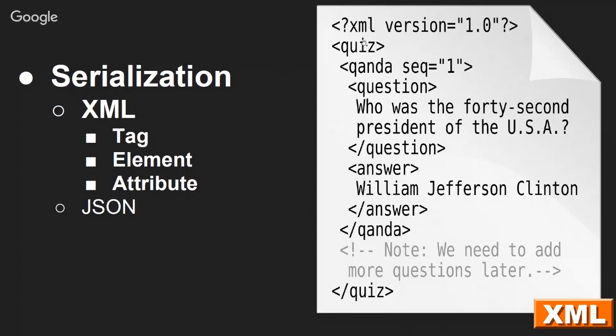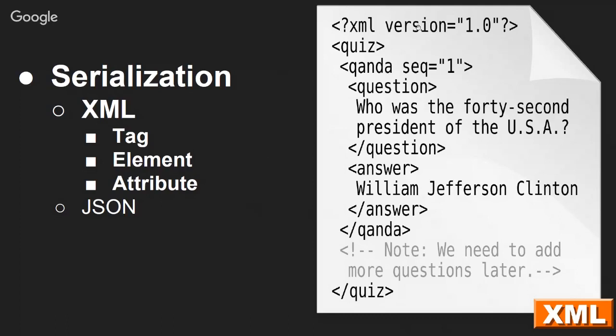This element is a child of quiz, and Kanda has two children, question and answer. The question has an element that is text, and this answer element has a child that is text too. And if you want to write comments, you do it this way.